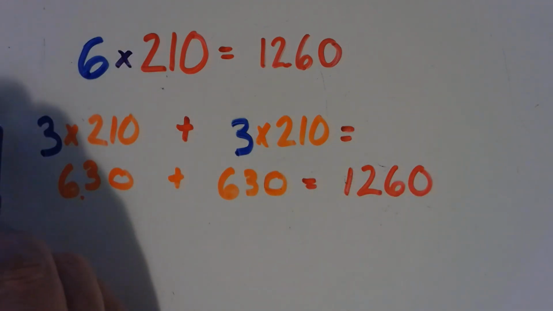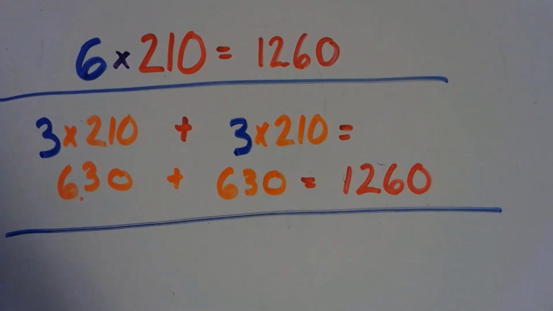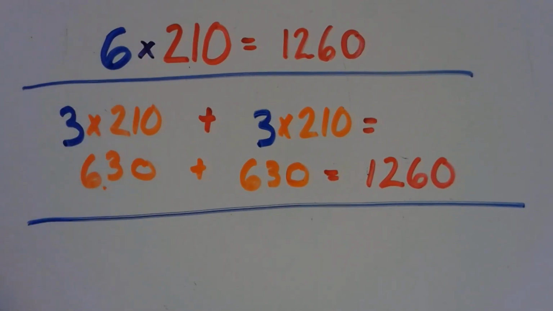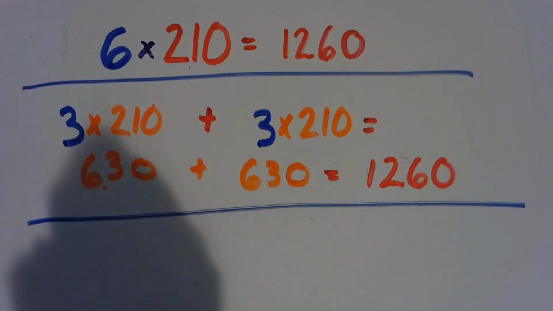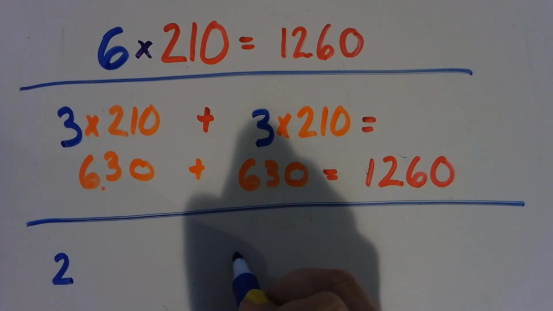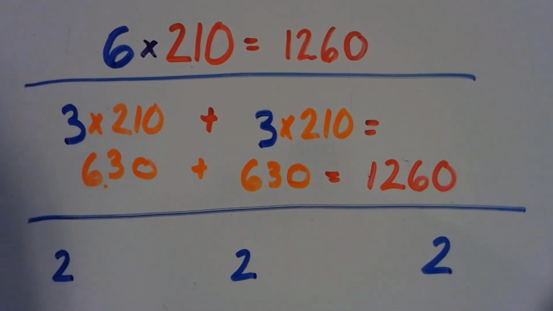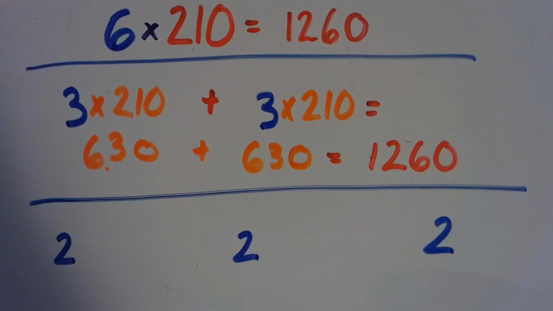I know, that's incredible. So watch this. It doesn't end there. What other numbers equal 6? How about 2 plus 2 plus 2? So 2 plus 2 plus 2 equals 6. We all agree with that? 2, 4, 6. Yeah, it does.